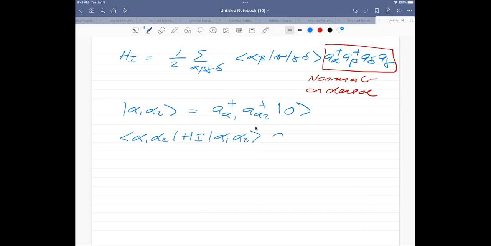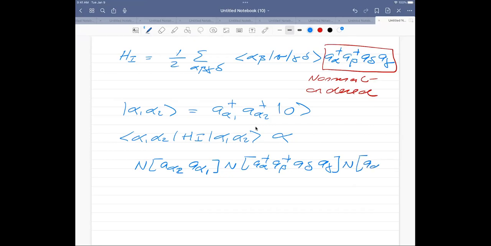This is the quantity which is important for us now. If we rewrite it in terms of a alpha 1 and a alpha 2, then we have this next chain of a alpha, a beta dagger, a delta, and a gamma. And then we have the final piece, which is also normal ordered.